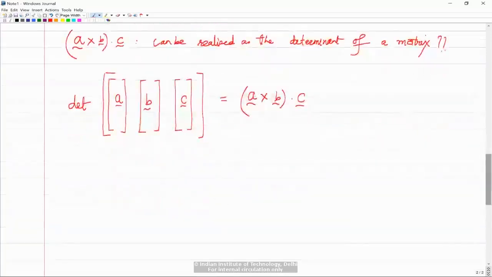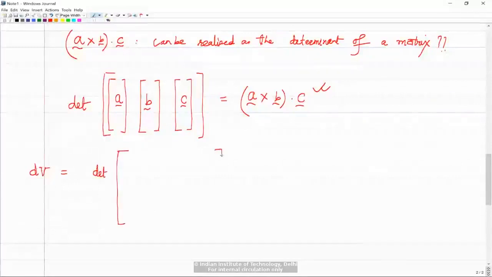This you can also prove using what is called index notation. Because for the determinant of a matrix, there is an index formula, which you have already seen in my classes, and show that it is equal to what you get from the scalar triple product. Okay. So having seen this viewpoint, then dV we can write as the determinant of a matrix formed by those three vectors.